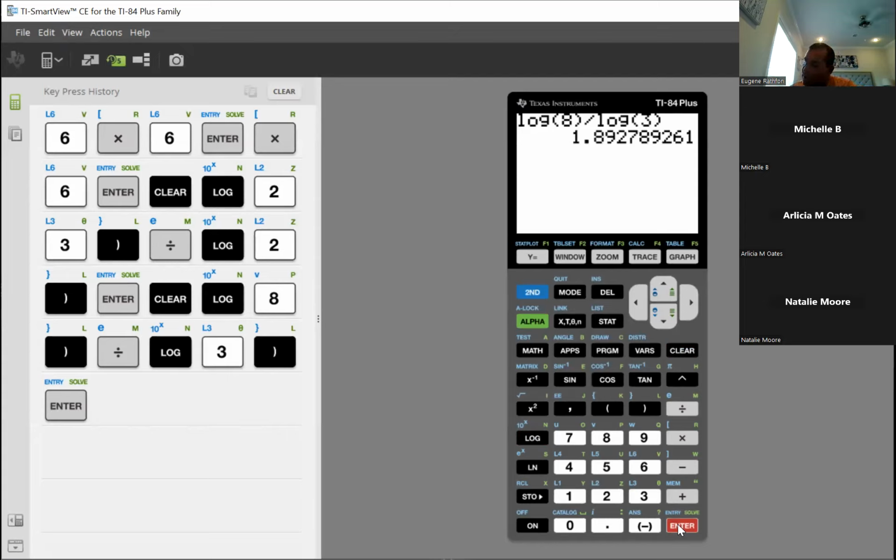We're going 4 decimal places, so that's 1.892. The 7 has an 8 after it, so I will round that 7 up to an 8. So I'm going to get 1.8928.